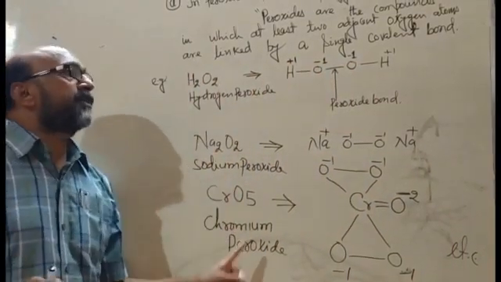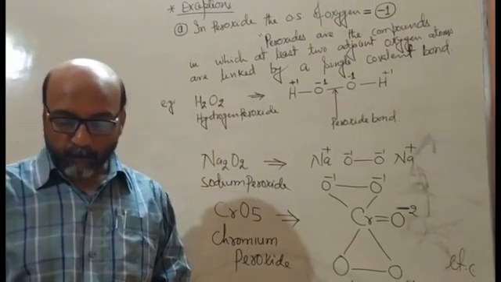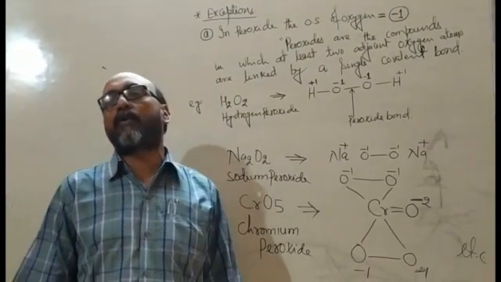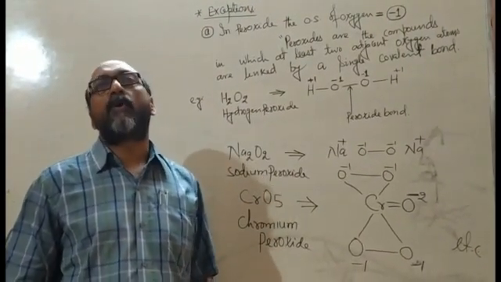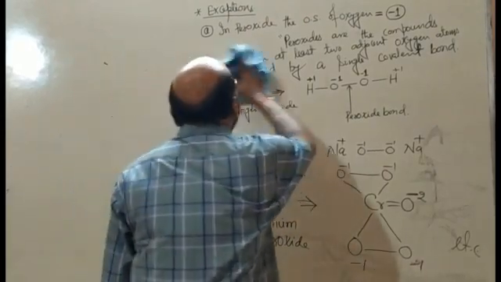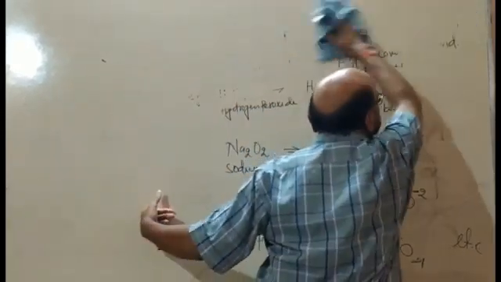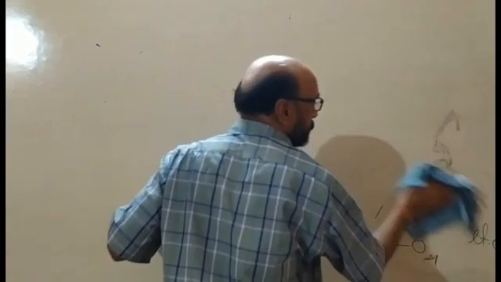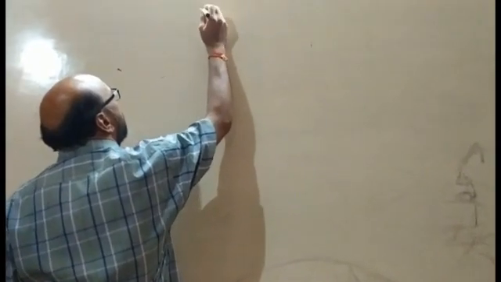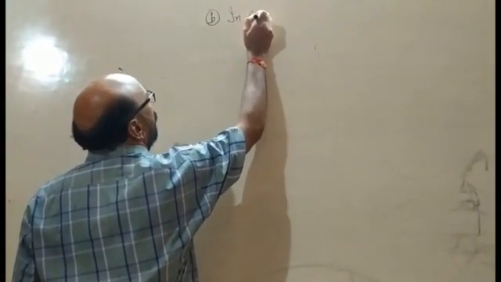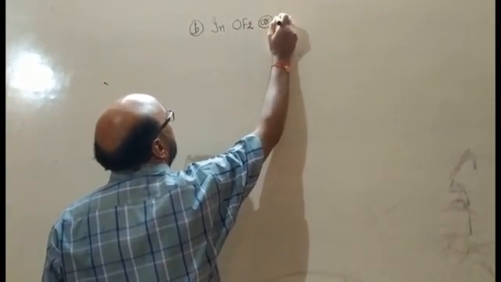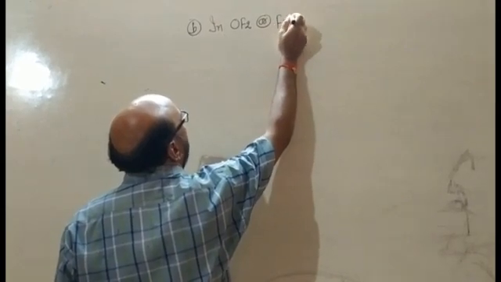This is the first exception in the rule regarding the calculation of oxidation state of oxygen. Now the next exception is in OF2, or you may write this compound as F2O.